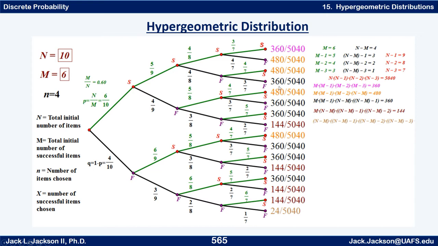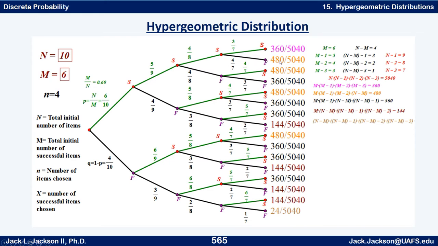Now the numerator, let's see what we have here. If we have no successes, or if we have all successes, it's 6 times 5 times 4 times 3, which is 6 permute 4. And that only happens one way.